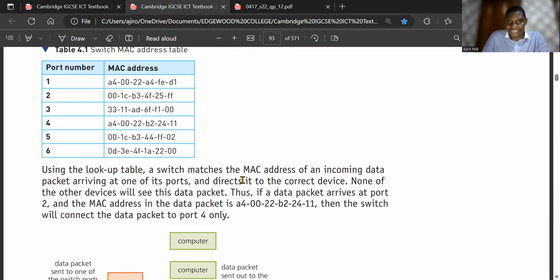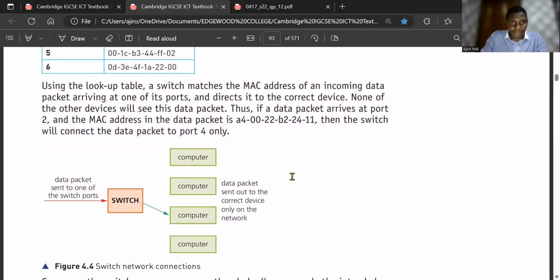The switch will match the MAC address of the incoming data arriving at one of its ports and direct it to the correct device. Any data package coming in is sent to that device, so each of them has their own data packets. It's as simple as that.